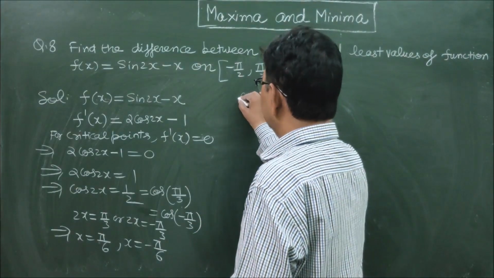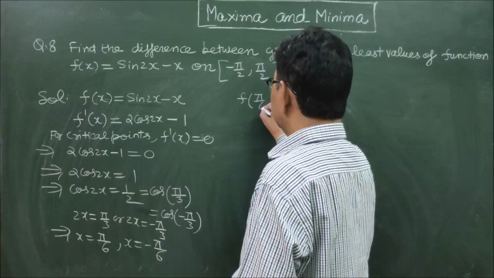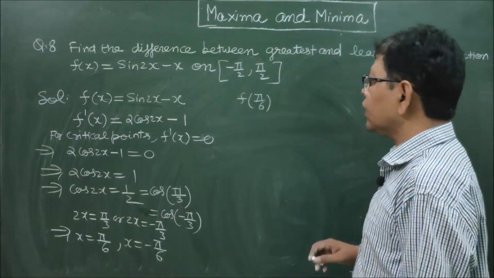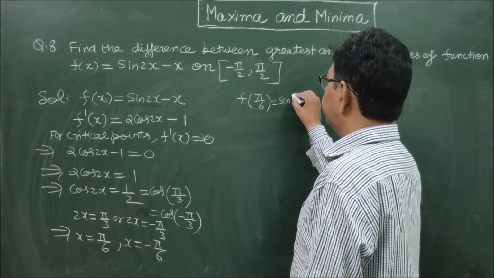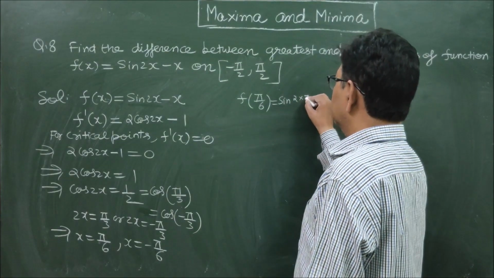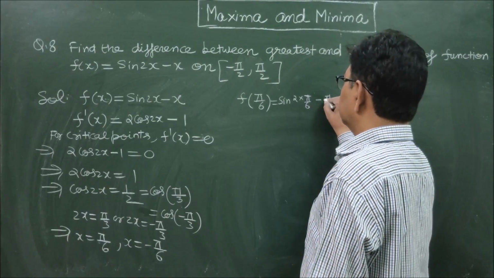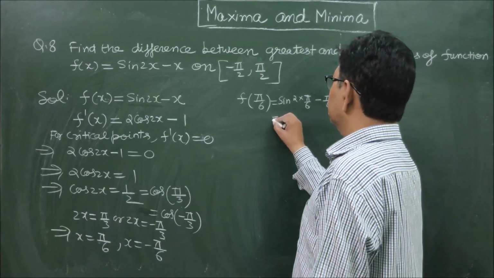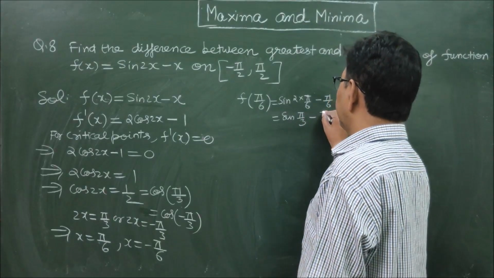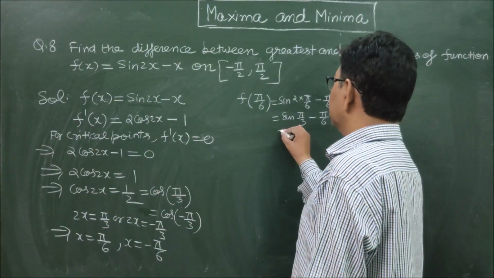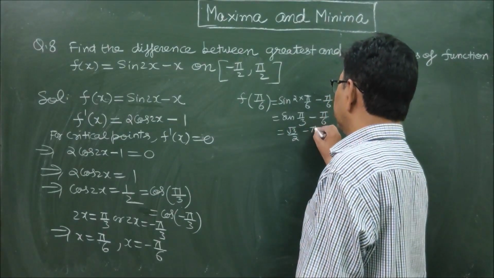So f of pi by 6 is equal to sine 2 into pi by 6, putting the value in the function, minus pi by 6. So which gives sine of pi upon 3 minus pi upon 6, which is equal to root 3 by 2 minus pi upon 6.